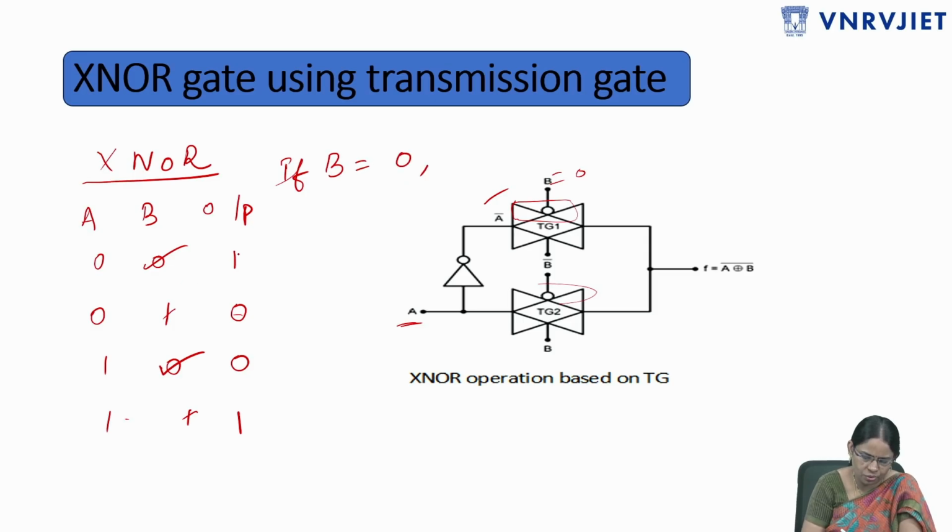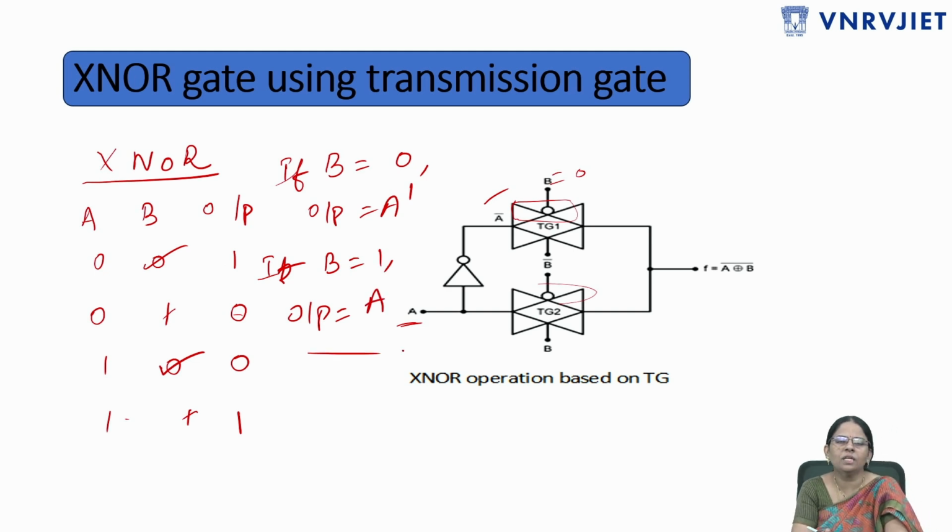If B equals 0, output is A dash. If B equals 1, output is A. In that way, we can implement XNOR or XOR, all the logic gates, by using both transmission gate as well as pass transistor logic.